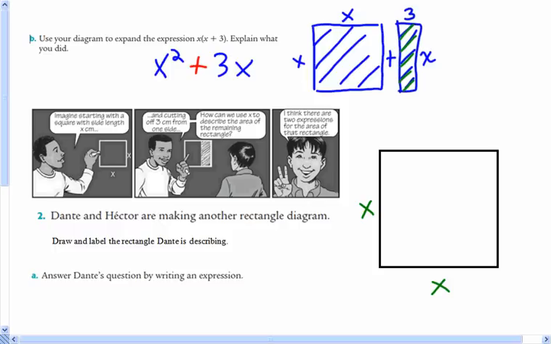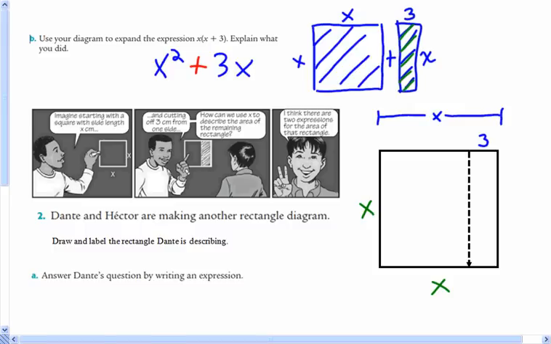Now I'm going to cut off 3 centimeters. I'm going to use a dotted line to show the part I'm cutting off here. Chop that off, taking away 3. Now remember, this whole distance from here all the way to here is x. Now we can use x to describe the area of the remaining rectangle.